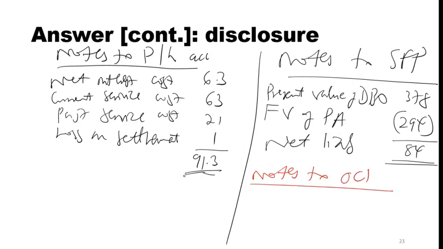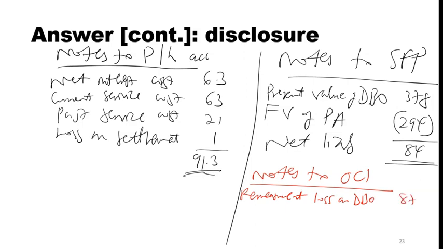Here we're going to have the remeasurement loss on DBO.